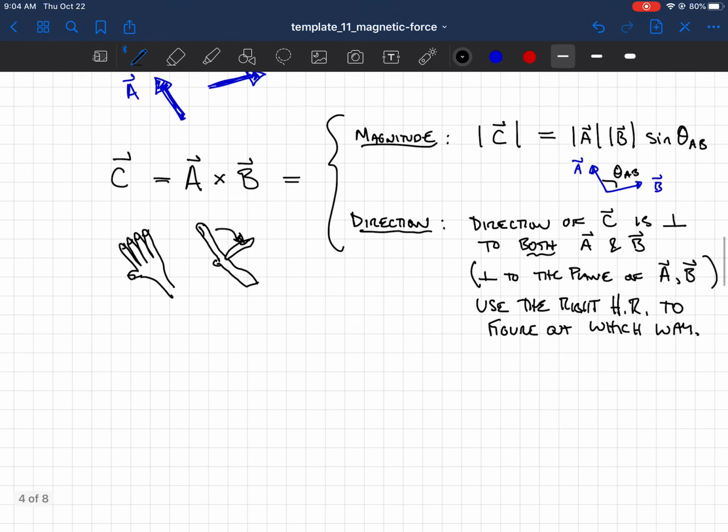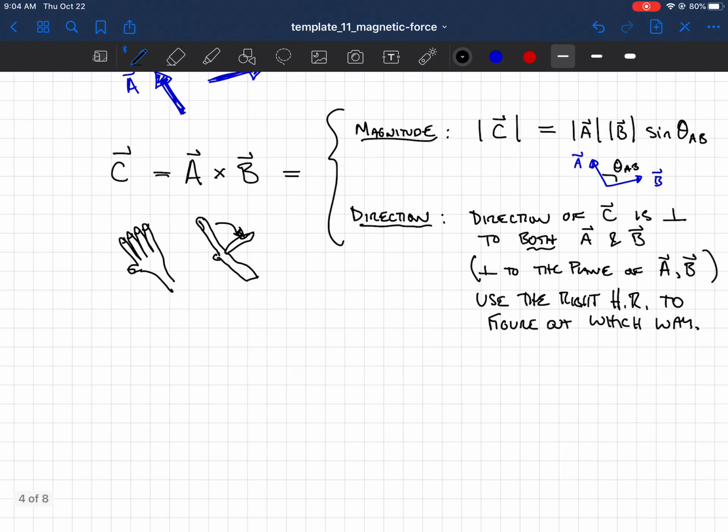Let's take a look at a couple examples for the unit vectors, because sometimes it's easy to make calculations with the unit vectors. So remember, unit vectors point along the directions of the Cartesian coordinates.